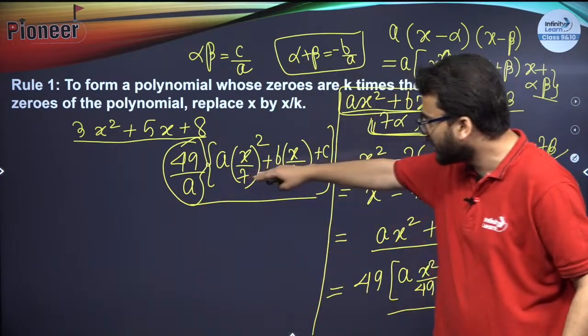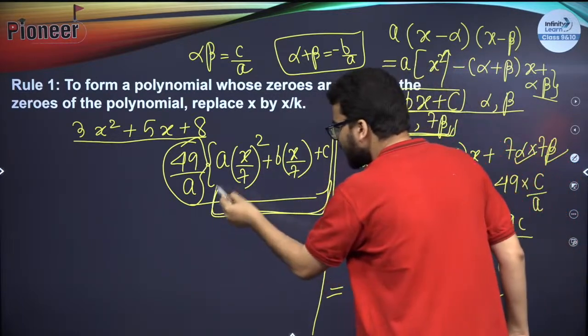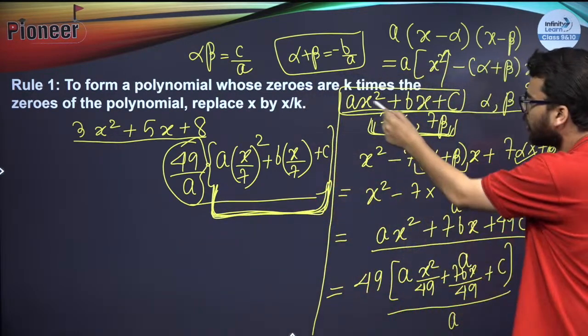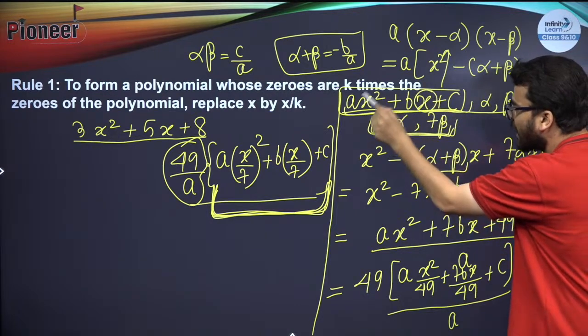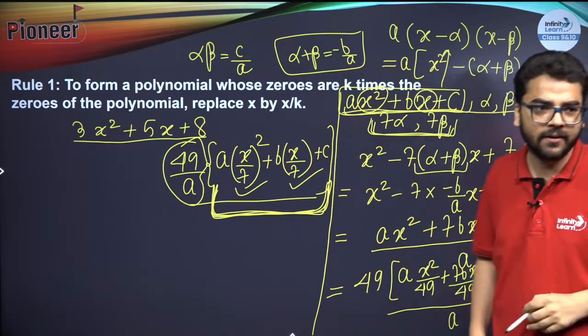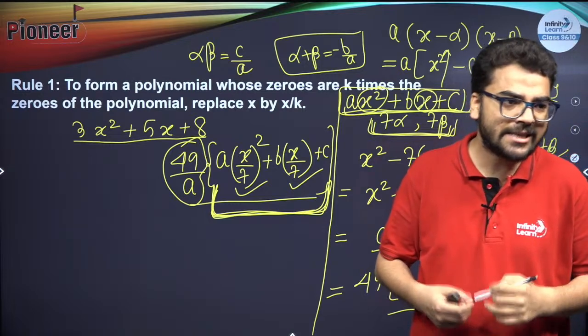You just have to bother that in the actual polynomial, am I putting x by 7? In place of x, am I putting x by 7? Tell me. The actual polynomial was ax square plus bx plus c. In place of x, am I putting x by 7? You see this. Am I doing that? Exactly.